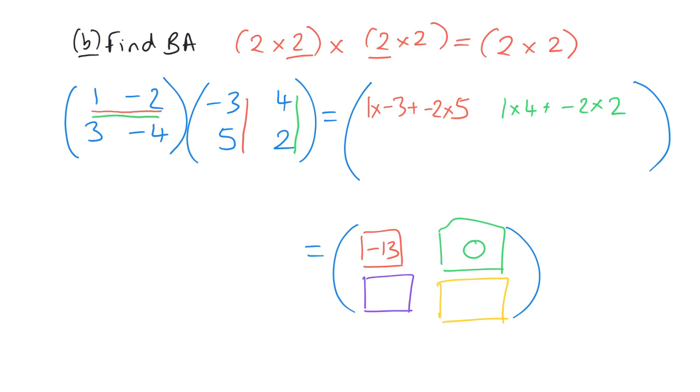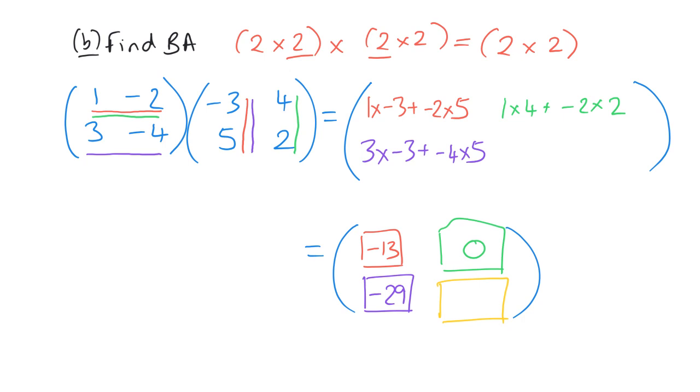In the purple one, it's in the second row and the first column. So we multiply the second row by the first column. So that's 3 by minus 3 plus minus 4 by 5. So that gives us minus 9 minus 20. So we get minus 29 in the purple one.